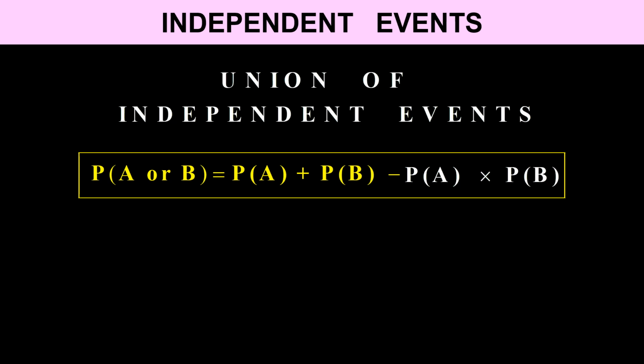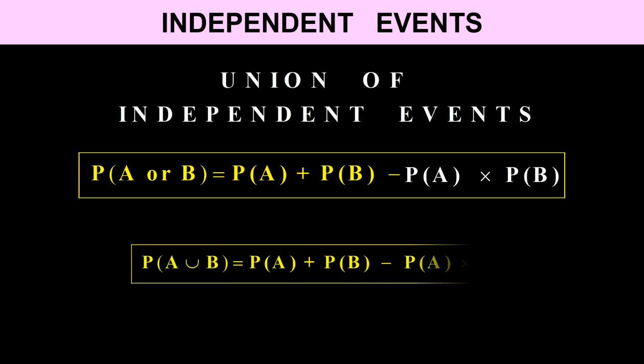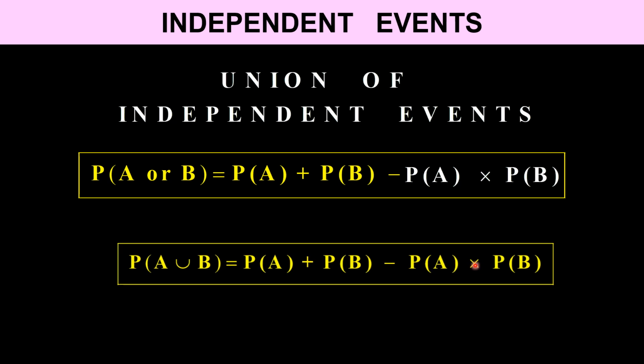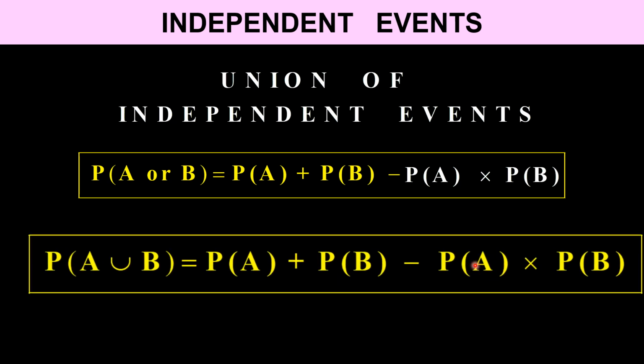So in other words, for the union of independent events, the probability of the union is the probability of A plus the probability of B, but now we can subtract the product of the two probabilities, right? So that's the formula we're going to have for the union of two independent events.